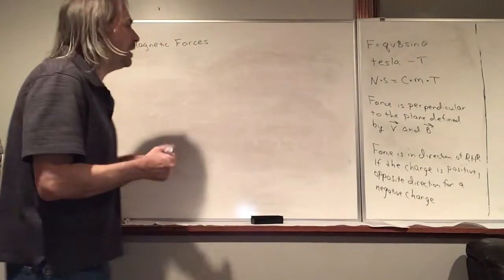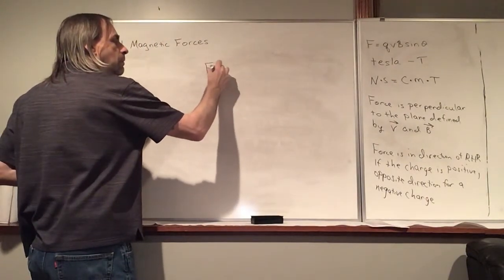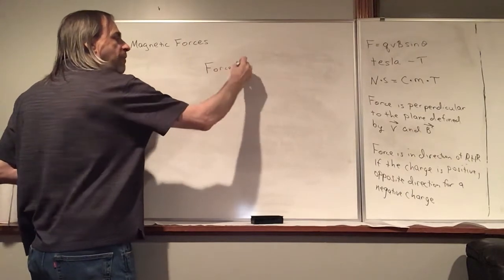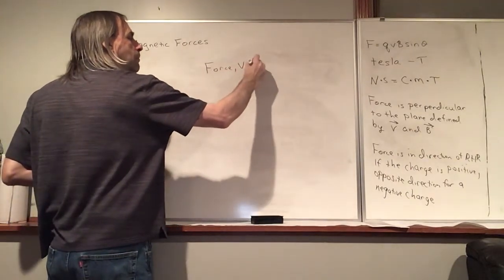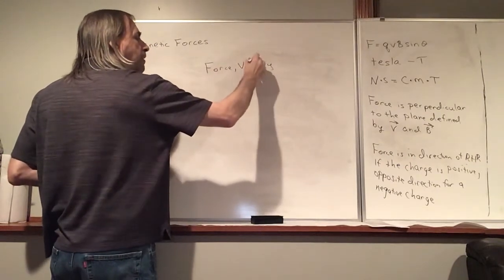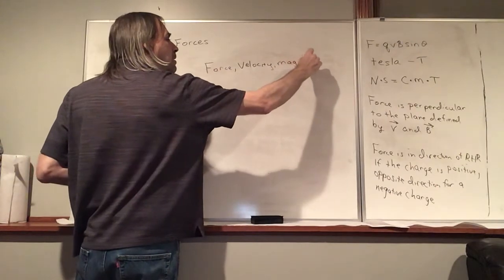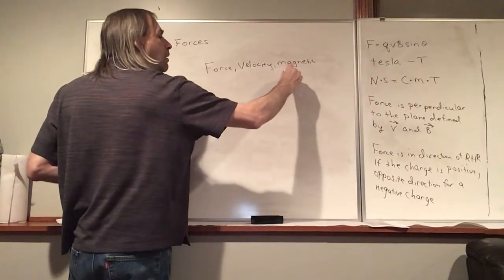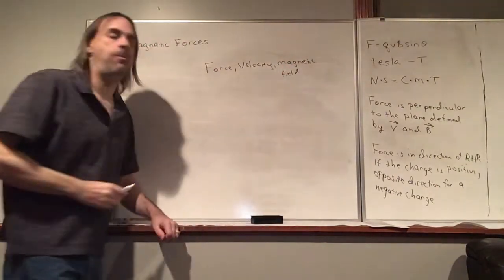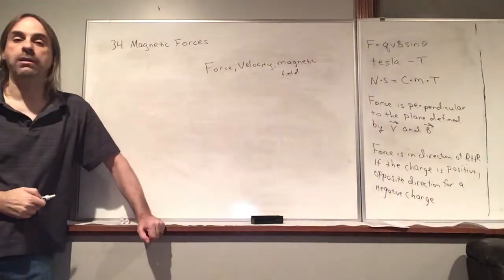So basically we have force, velocity, and magnetic field. These are all vectors. And they cannot all point in the same plane. They can't all exist in the same plane.